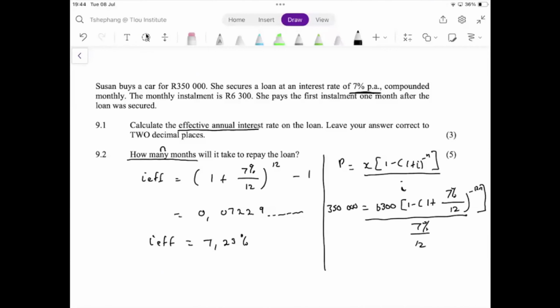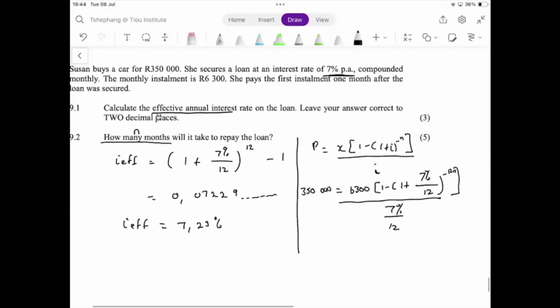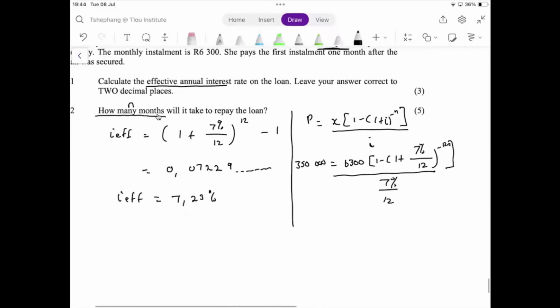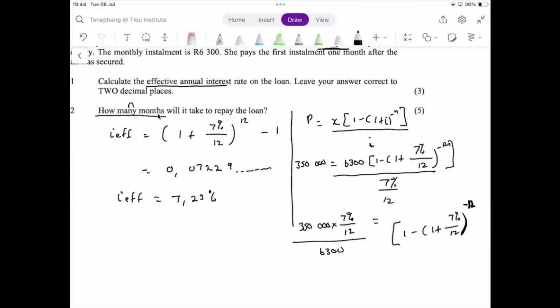Hope everyone is with me there. Now, this is some basic mathematics, and I know you guys are quite good with algebra. So 350,000 multiplied by 7% over 12, but this is all over, make sure that it's all over 6,300, is equal to how much? 1 minus (1 plus 7% over 12) to the negative n.